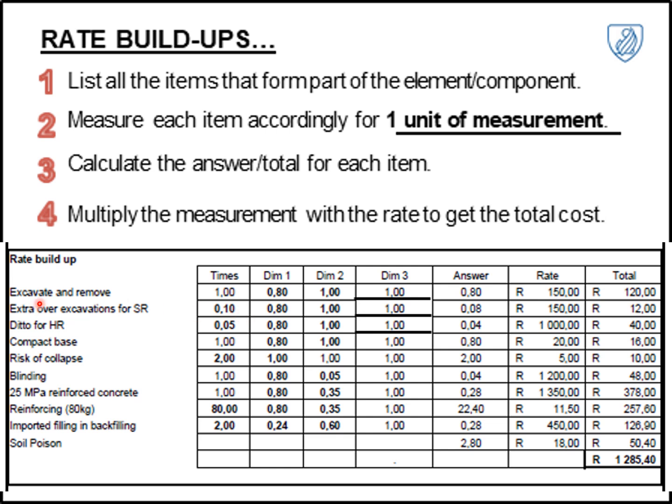Okay, so let's look at what we then do. At your excavation remove, we're only looking at one unit, one side of the excavation. It's 800 millimeters wide and 1 meter deep, and then we get a 0.8 answer times your rate per cube to get a rate per meter.